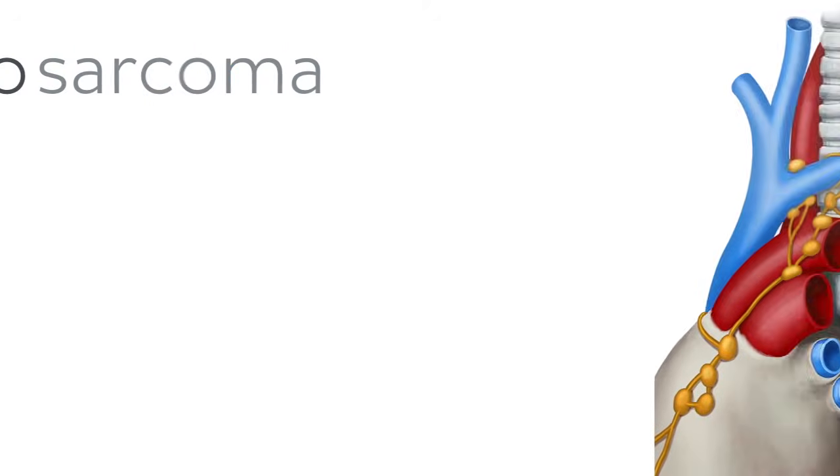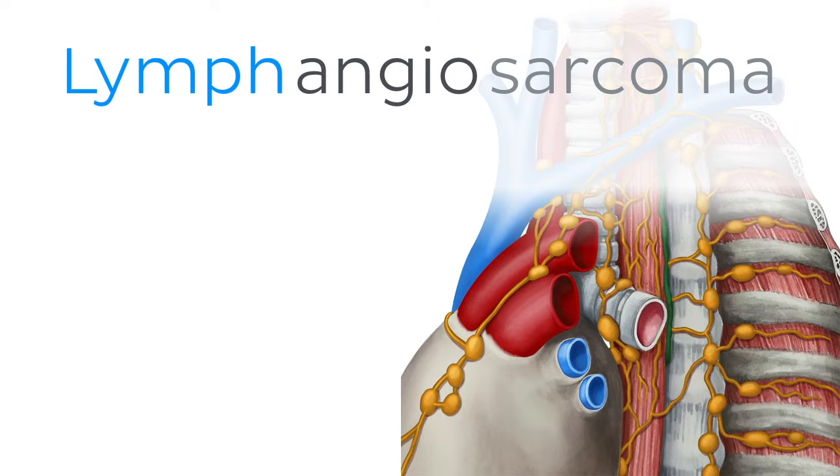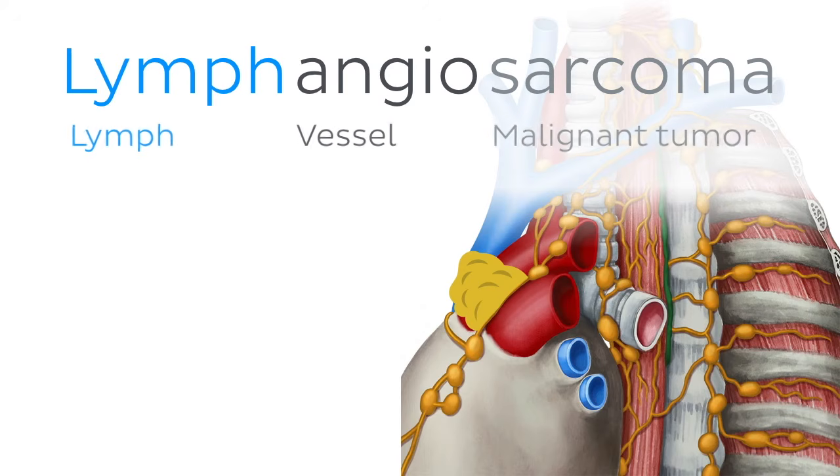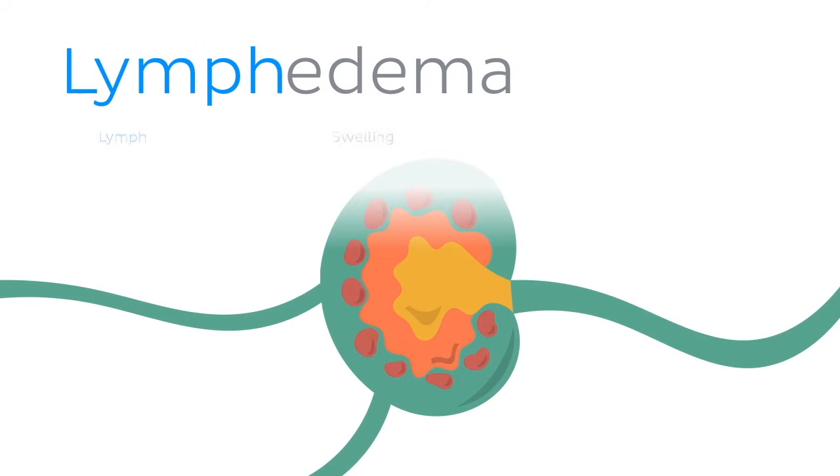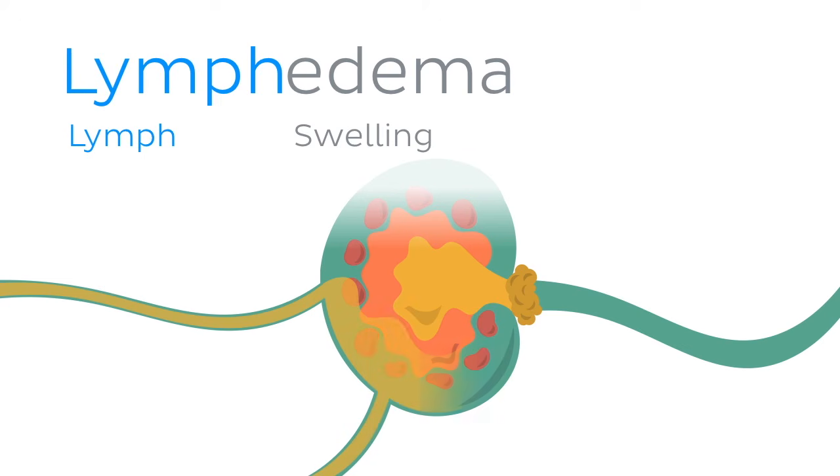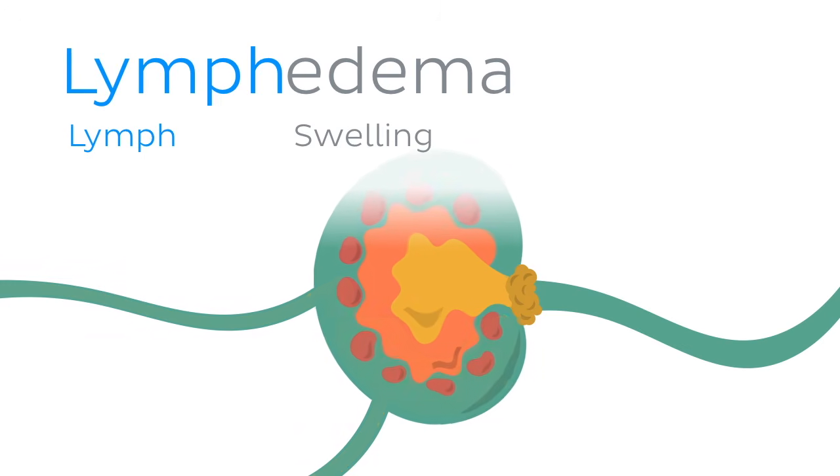A lymphangiosarcoma also refers to a type of malignancy, but of lymphatic vessels rather than lymphoid tissue. It often results in lymphedema, a blockage of the lymphatic vessel, which results in poor collection of fluid and swelling.